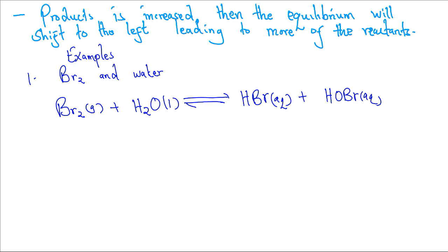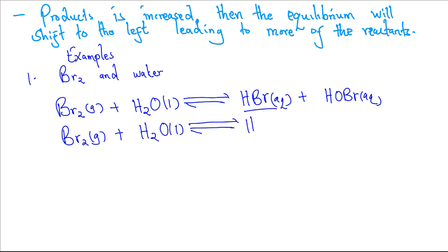So that will give us the ionic equation. Bromine gas plus water gives, this will ionize to give us hydrogen ions plus bromide ion, and then hypobromite ion as well.